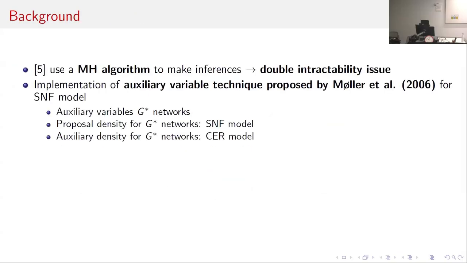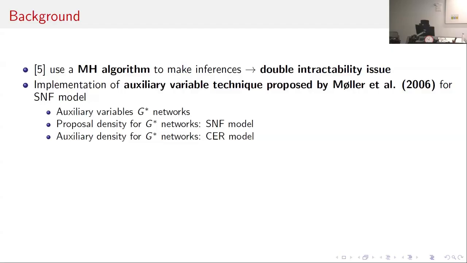In Gomez et al., they developed a Metropolis-Hastings algorithm to make inferences for the mean network and the dispersion. You have the issue of the doubly intractable likelihood: the normalizing constant depends on the parameters, so it doesn't cancel in the Metropolis-Hastings ratio. What they did is use the auxiliary variable technique by Møller. So in the space of graphs, you need to define auxiliary variables, G star networks.